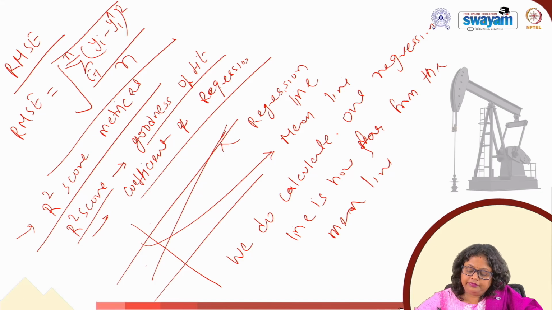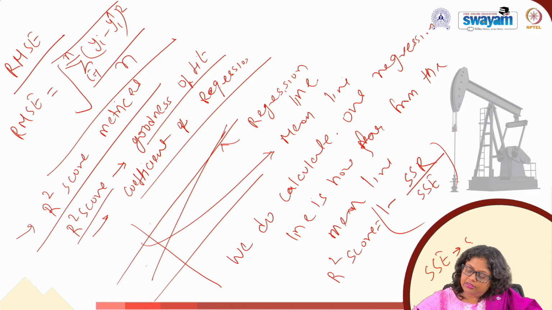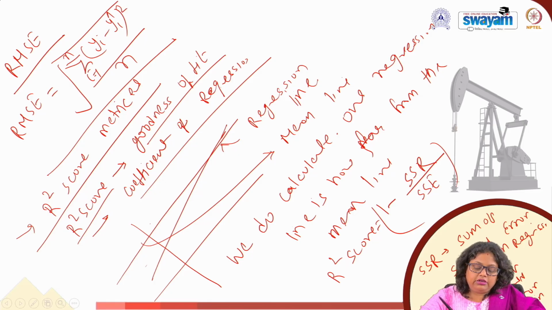R2 score is 1 minus SSR over SSM. What are SSR and SSM? SSR is the sum of squared error in regression, and SSM is the sum of squared error in the mean. So we can see the two things here.